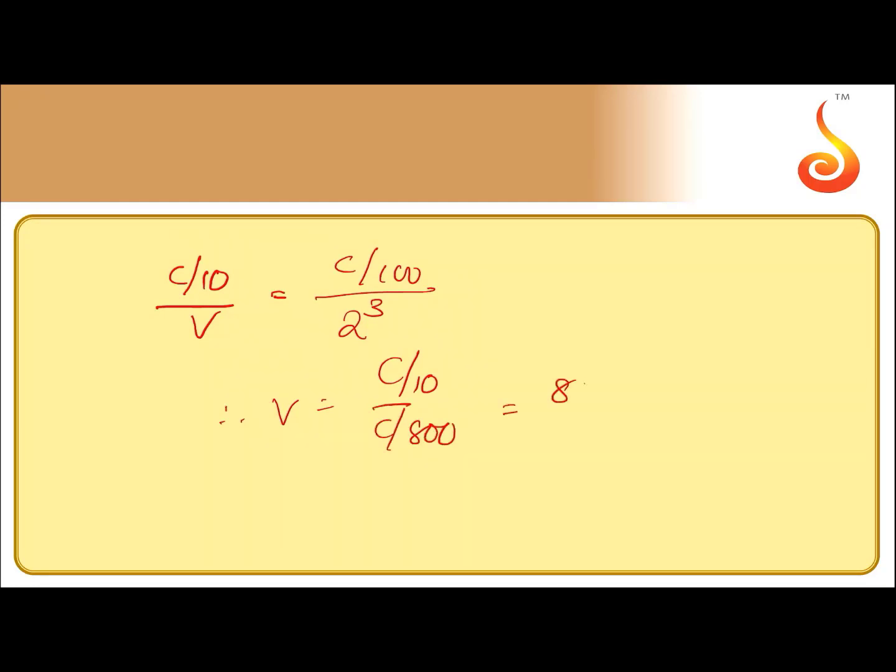C by 10 divided by V is equal to C by 100 divided by 2 to the power of 3, after 3 half-lives. That gives us V is equal to C by 10 divided by C by 800, which is nothing but 80 centimeter cube. So 80 centimeter cube is the volume of the remaining liquid.